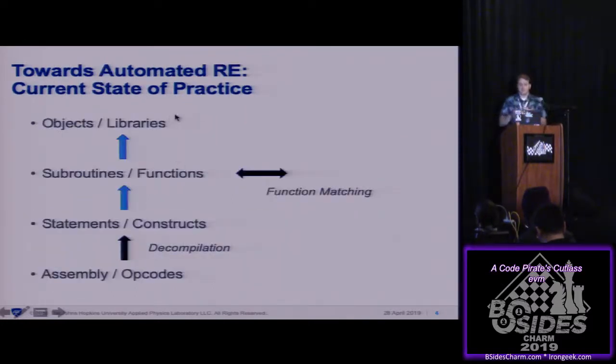group sets of related functions and determine what the object files or the static libraries within your binary are. Because I think that was sort of a piece of the puzzle that I saw a quick answer to.